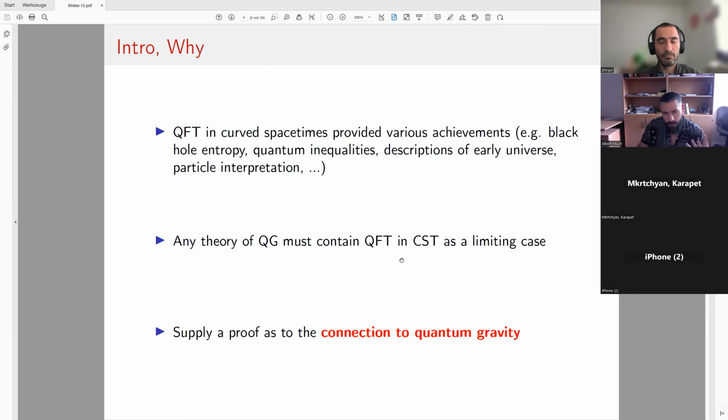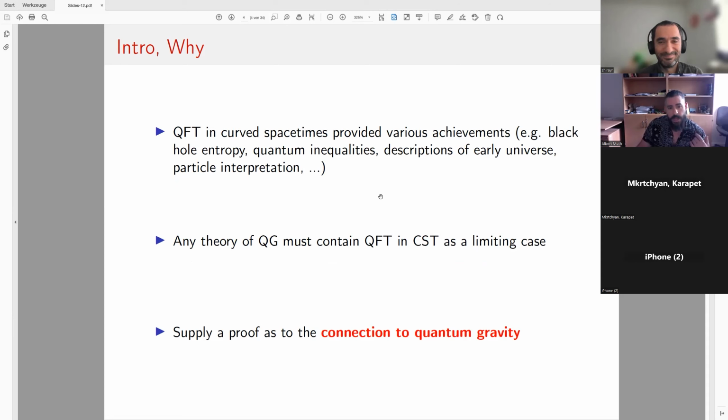As I said, why do we want to do this? I personally believe QFT in curved spacetimes provided us with various insights and achievements: black hole entropy, quantum inequalities, description of the early universe, and even the particle interpretation itself was questioned through this theory. So I think it's really an axiom, so to speak.